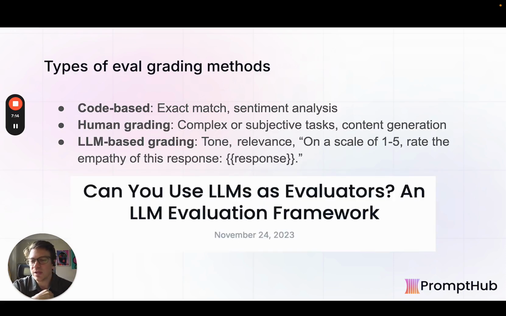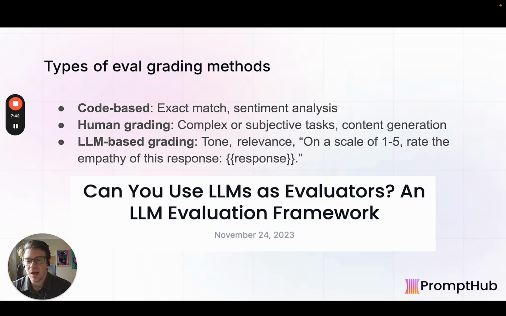There are generally 3 types of ways to run evaluations. One is code-based, which is really easy, good, fast and quick, for tasks like exact match, sentiment analysis, things like that, where you know what the answer is. Human grading, the vibe test. This is better for complex or subjective tasks, and honestly should be mixed in unless you're doing something where the output is known. So if you're doing content generation, creative writing, anything like that, a human in the loop is going to be helpful.